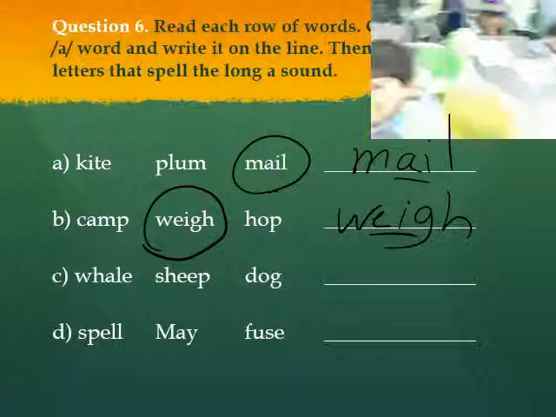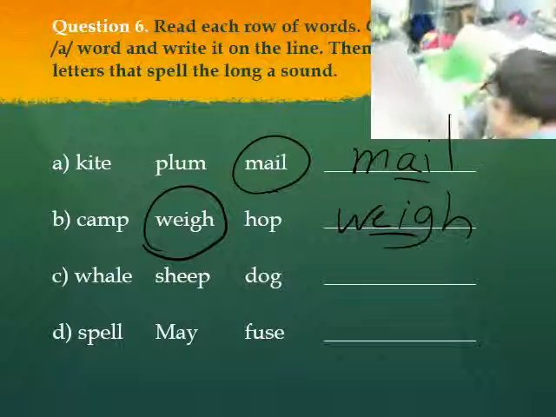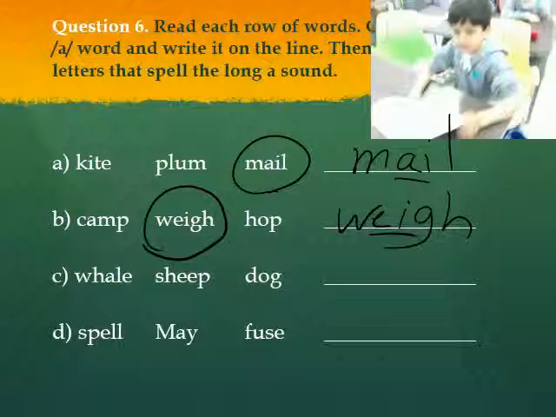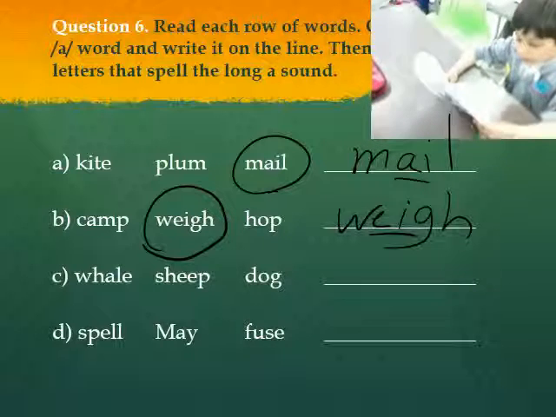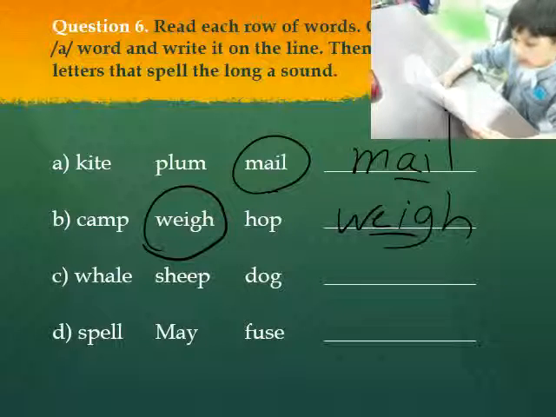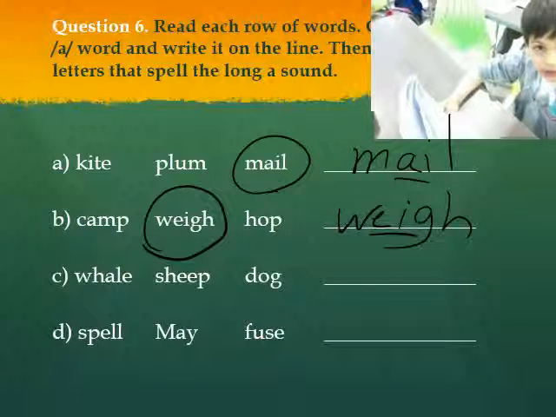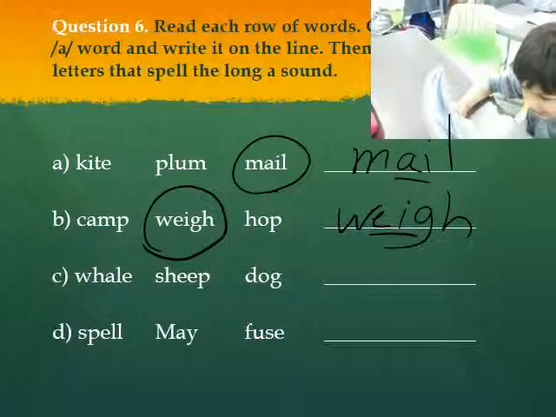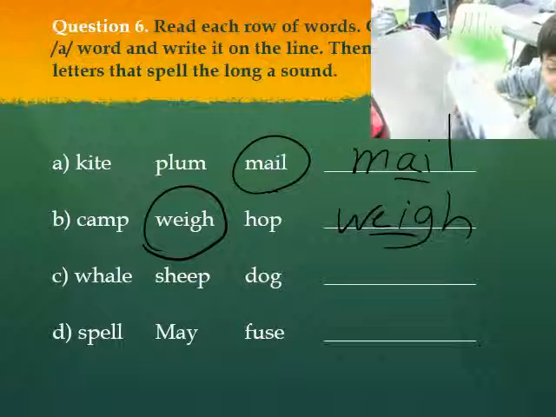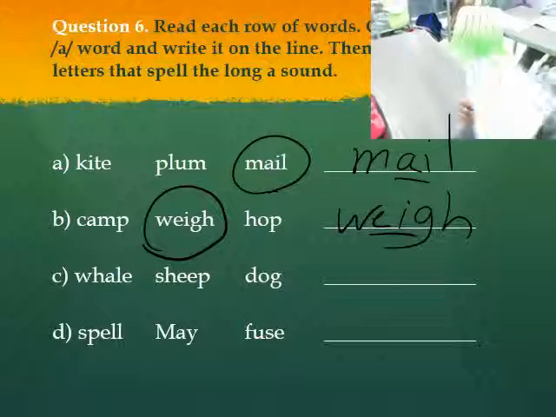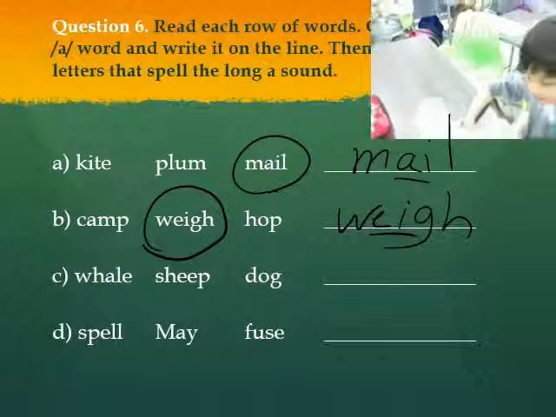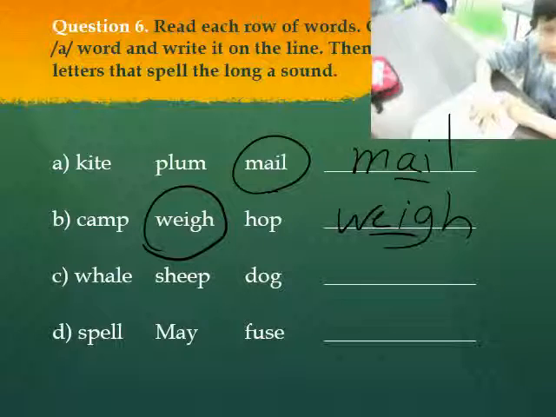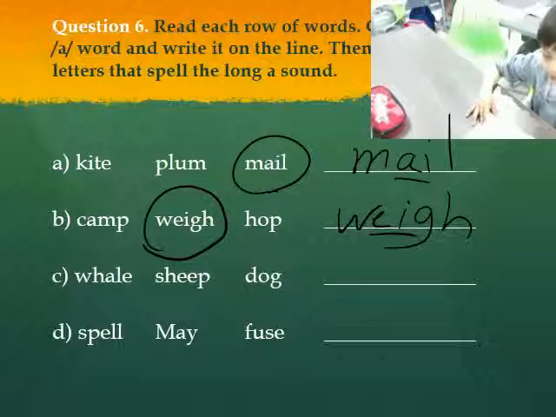C. Hussein, read the words from the board. Okay, continue reading, Hussein. Whale. Very good. Speed. Dog. And what's the next word? Yes? Read it. Sheep. Dog. Okay, so we have whale, sheep, and dog. Hussein, in which word do you hear the sound A?